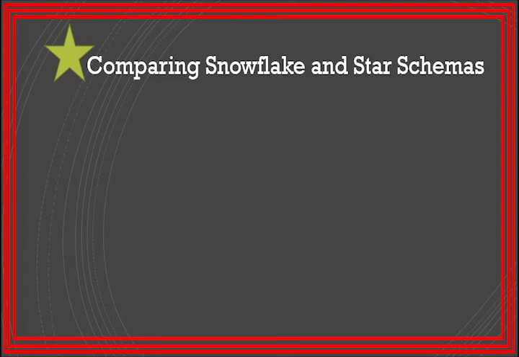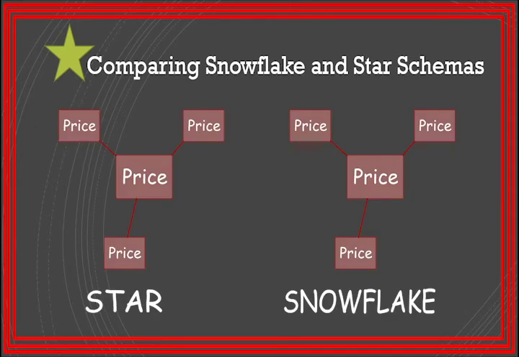Comparing snowflake and star schemas. First, both the star and the snowflake start off with a fact and one layer of dimensions. Where they differ is the snowflake, like the real snowflake, has other layers of dimensions.